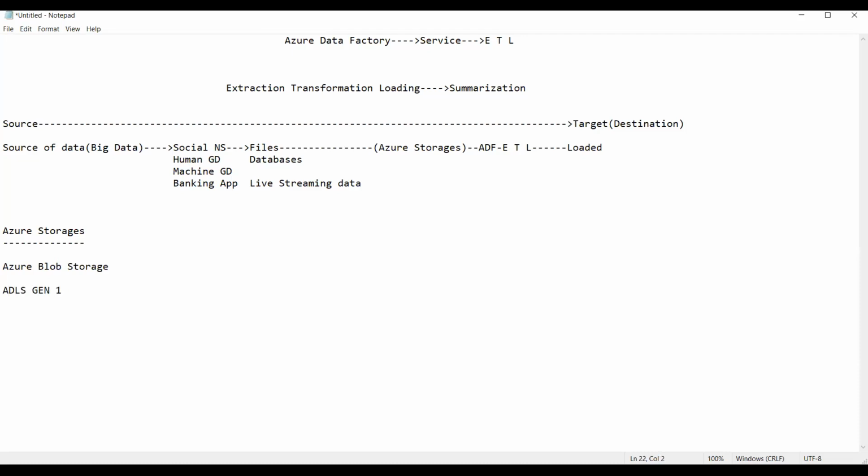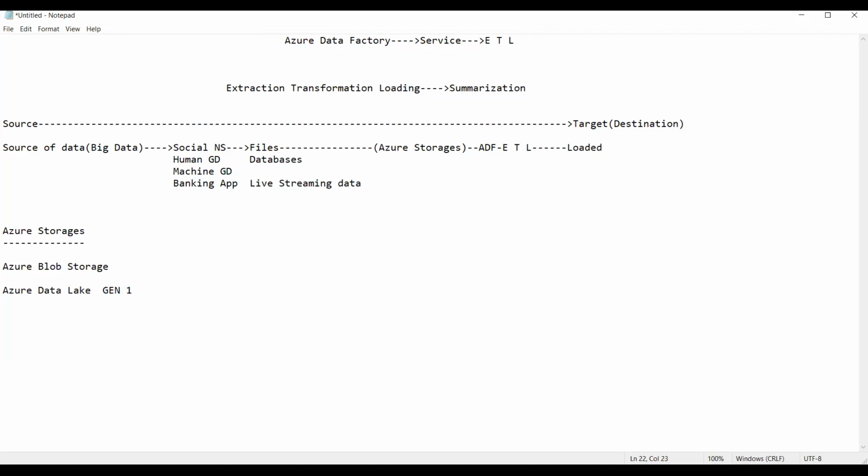The full name is Azure Data Lake Storage, ADLS. Azure Data Lake Gen 1, that is generation 1.